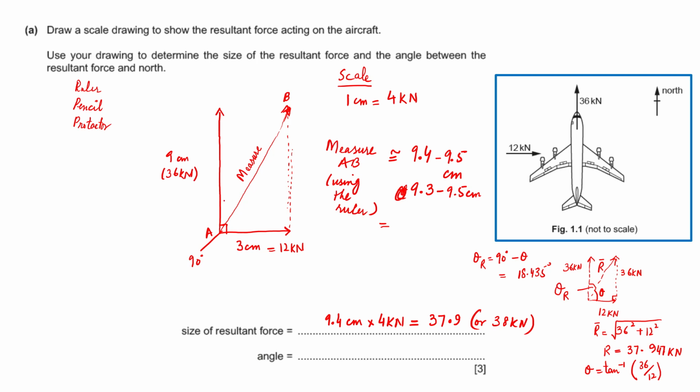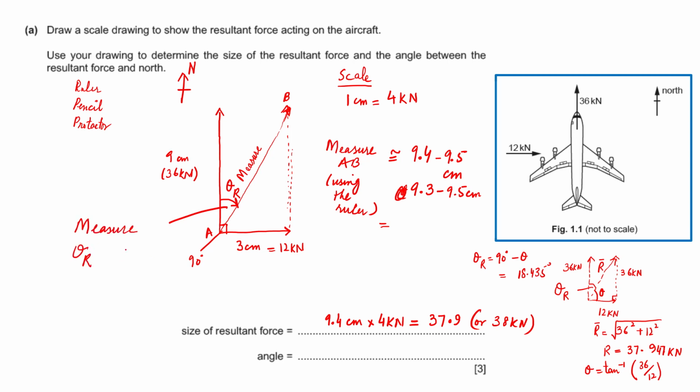Similarly, this was our north direction. So the north direction was given. This was the north direction of the compass. So we have to measure this angle, theta r. Just simply measure this theta r.